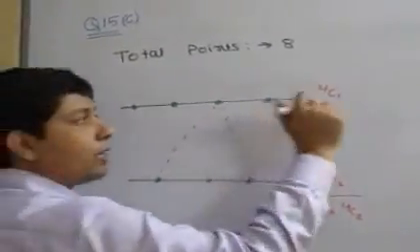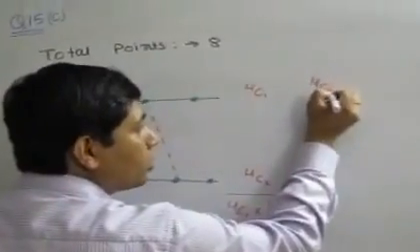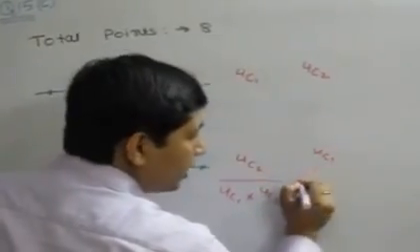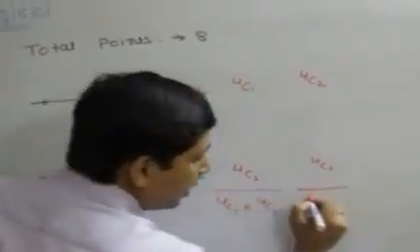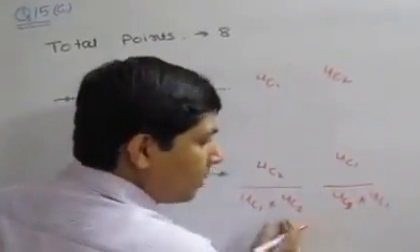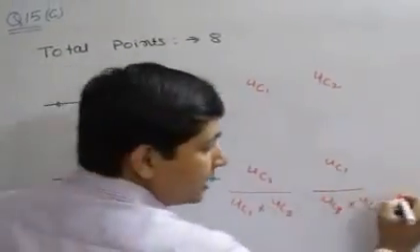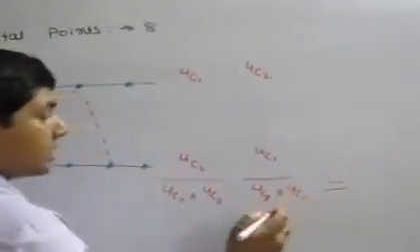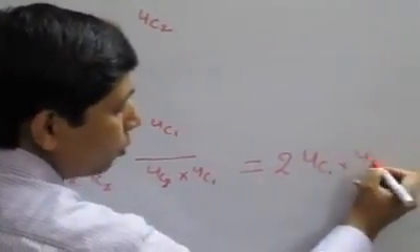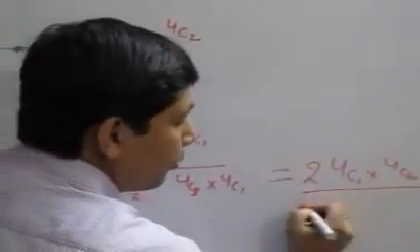If you select 2 points from here, the number of ways is 4C2, and 1 point from here, it is 4C1. So in this case the total number of ways will be 4C2 into 4C1. These two are basically the same. So the total number of ways that we can draw a triangle in this condition is twice 4C1 into 4C2. This is the total number of ways.